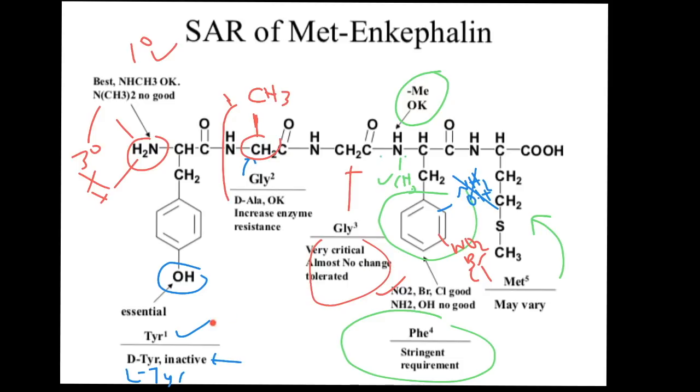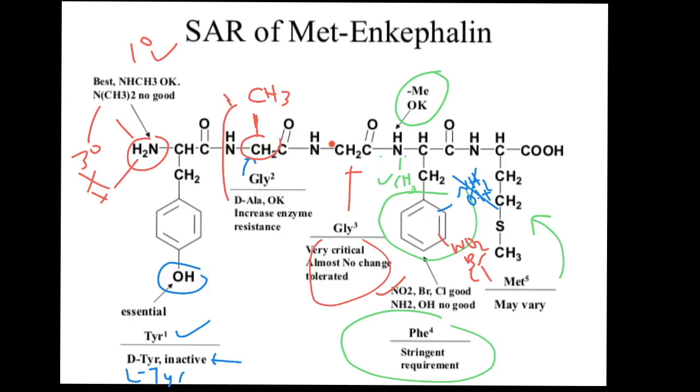I didn't lie. That was actually necessary, because here's your SAR. Tyrosine, you're going to use your OH to bind to the receptor, therefore it's essential. L-tyrosine is active, whereas D-tyrosine is not active. Glycine group, you can have an alanine by adding a methyl group. This is okay, and it also increases enzyme resistance.